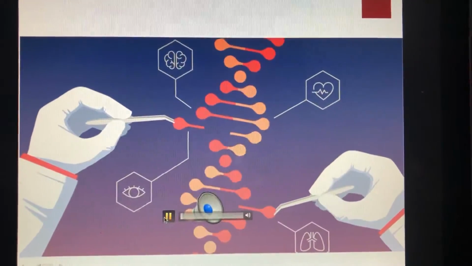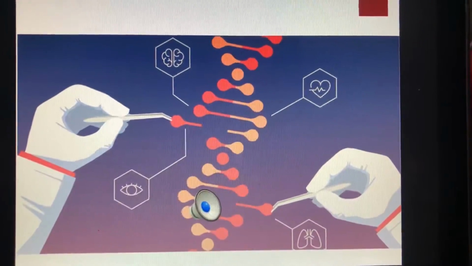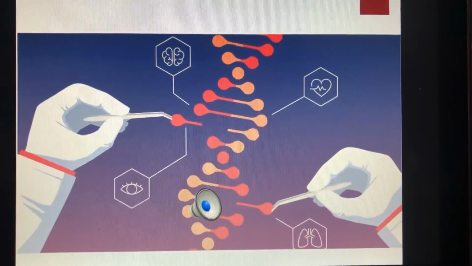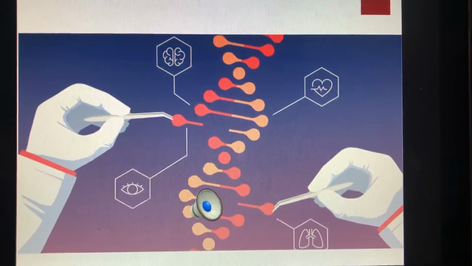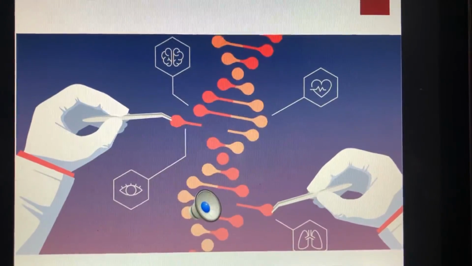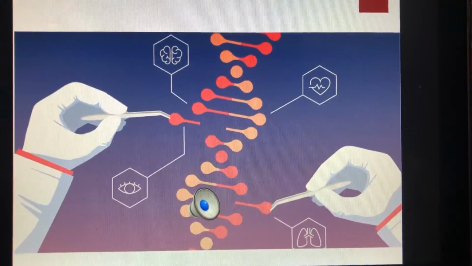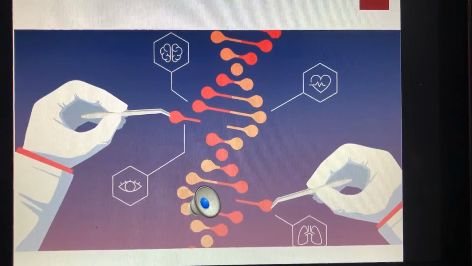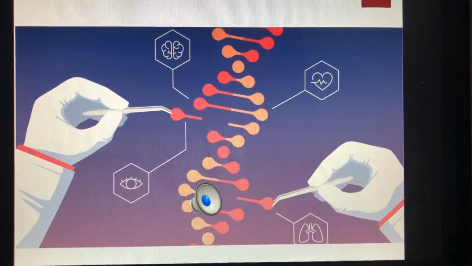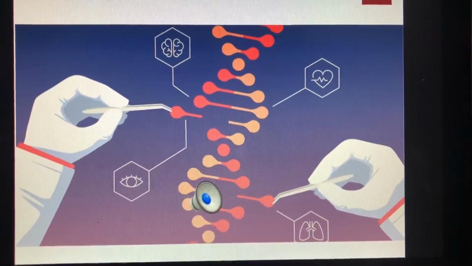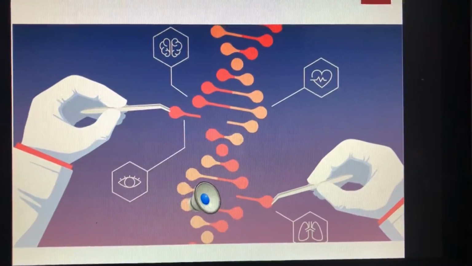So as you all probably know, our bodies and our cells are all made up of DNA. DNA itself is millions and millions of pairs of DNA which create a language or a blueprint of who we are as a person or as an individual. And within that language or blueprint, there are certain regions which code for our genes.